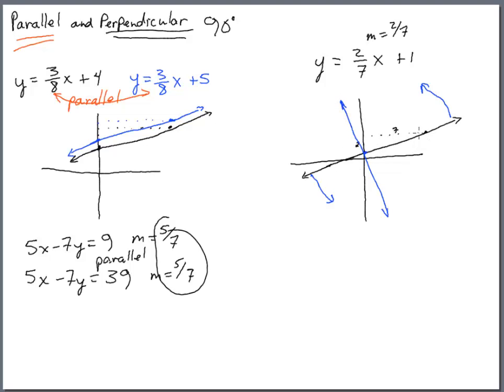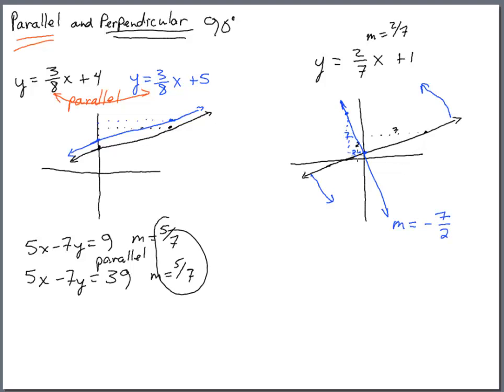Now you'll notice what will happen to this 2 and this 7. Here's your 2 and here's your 7. Where the slope was positive, kind of shallow, headed up, it is now steep going down, and it's a negative 7/2.